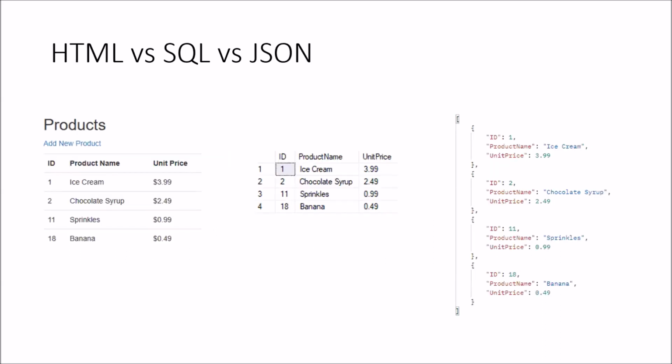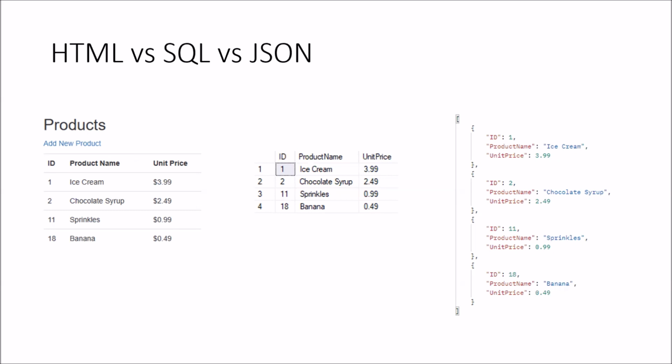So again, we already took a look at this, but I did want to show you the JSON format as well. So on the left, there's the HTML. In the middle, there's the SQL. And on the right, there's the JSON format, which we'll be working with. It's very similar to XML in that it's sort of structured.